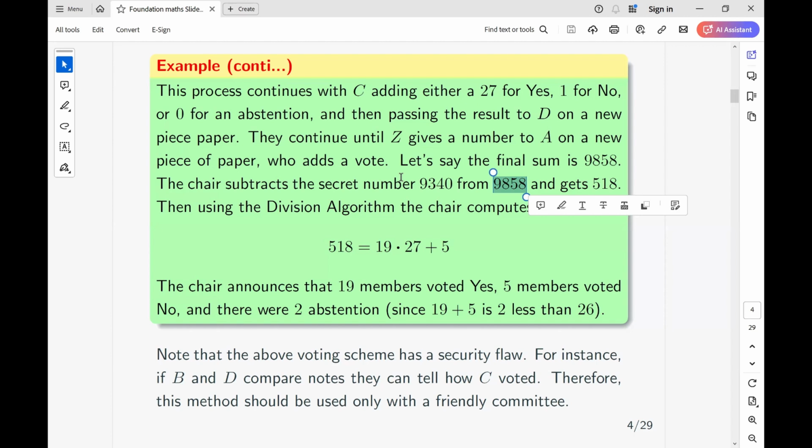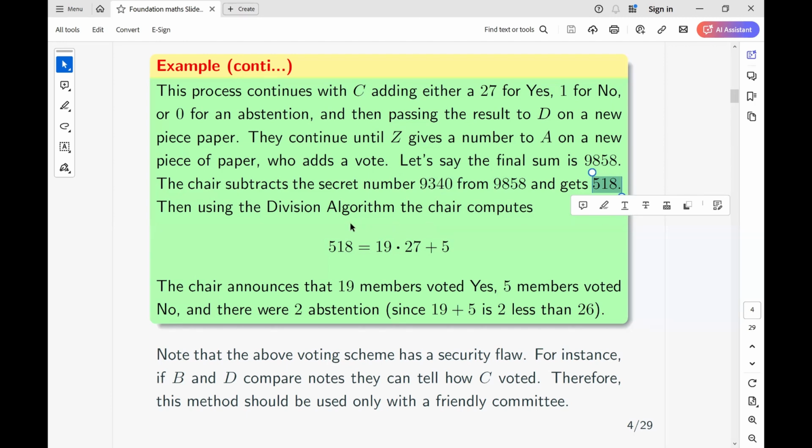Is that okay? Because the chairman had written this 9,340 secret number. And now, since the total is this, the chairman just gets the difference. And the difference will be 518 votes, which were cast.